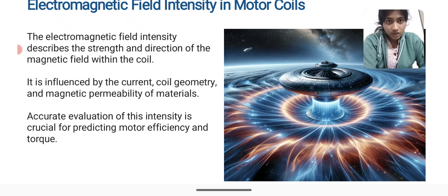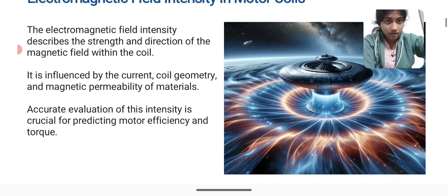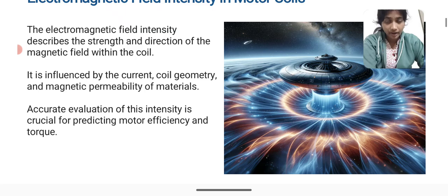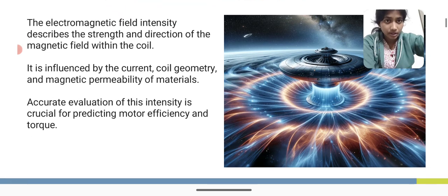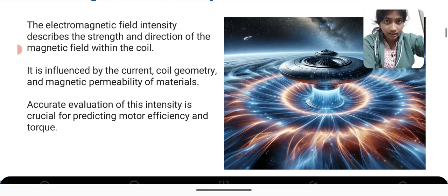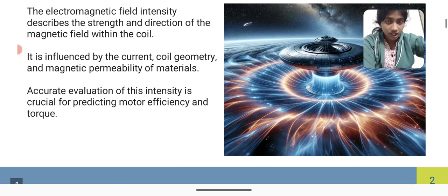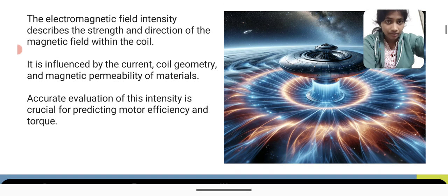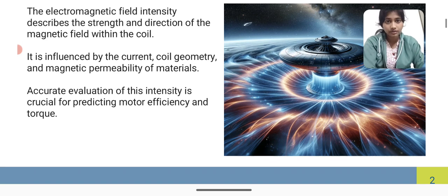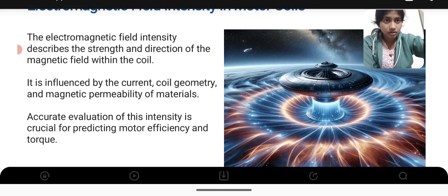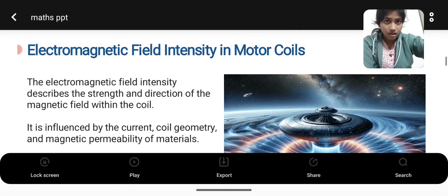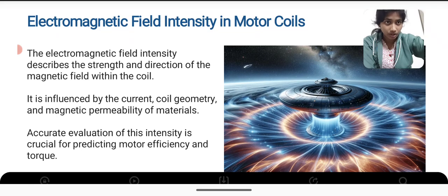It is influenced by the current, coil geometry and magnetic permeability of materials. Accurate evaluation of intensity is crucial for predicting motor efficiency and torque. This is the relevant image for electromagnetic field intensity in motor coils.